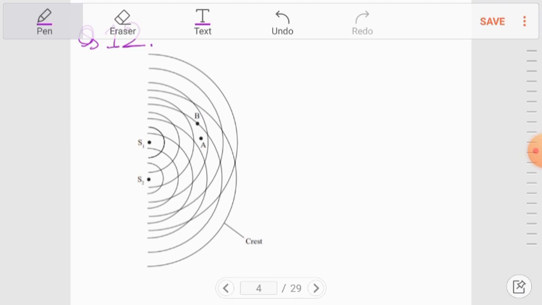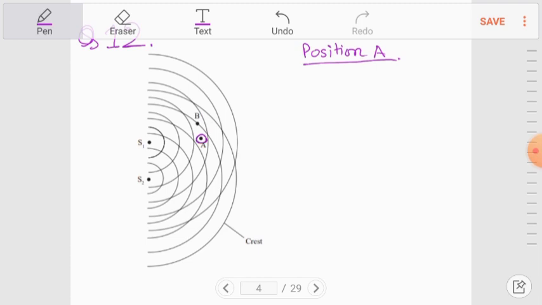So we need to say if at position A or at position B the waves are meeting constructively or destructively. So first look at position A. We need to find the distance of position A from source 2 and source 1 in wavelengths.